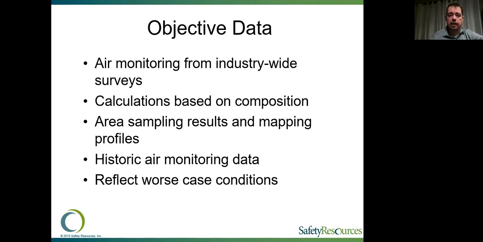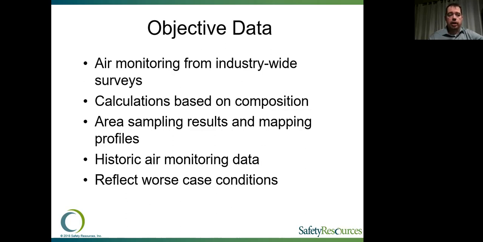With any objective data that we apply, we could utilize air monitoring from industry-wide surveys. We can use calculations based on the actual composition of the materials being impacted. We can have area sampling results and mapping profiles, and historic air monitoring data. All of these can be utilized as objective data, but they should also be reflective of what worst case conditions would be.